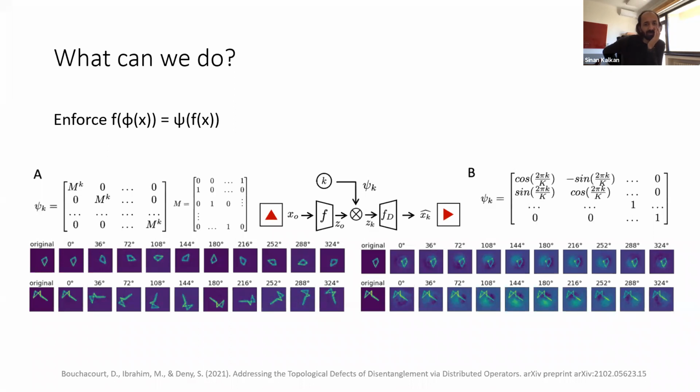So maybe in this regard, we shouldn't consider all attributes in the same manner. Attributes have different types of relations between them, and I think we should consider those relations while disentangling them.